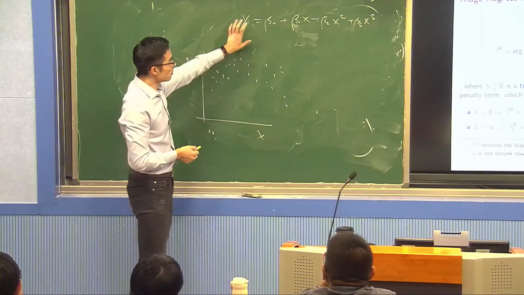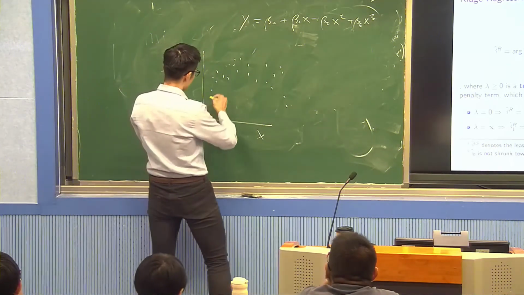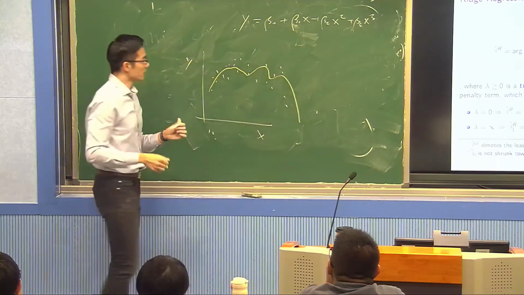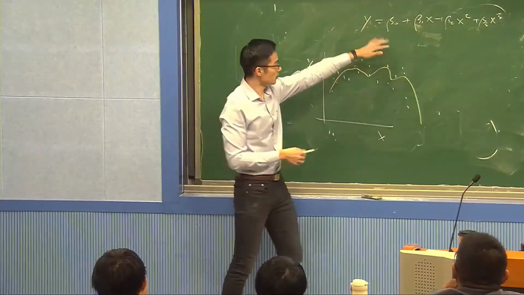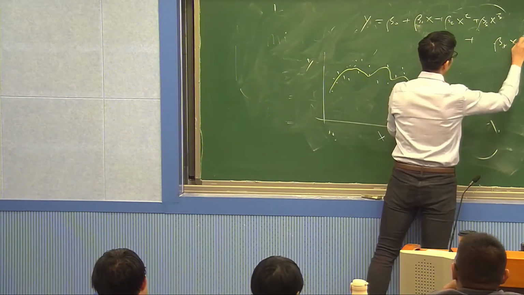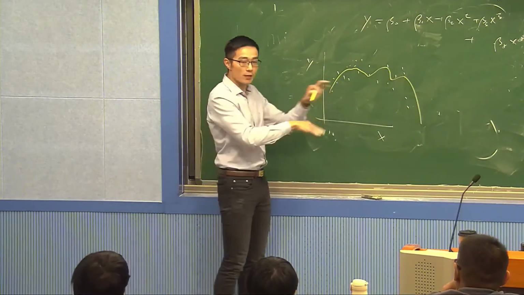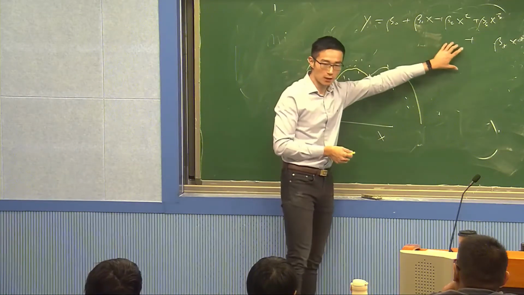Now if we fit this polynomial model, if I include very high terms, all the way to beta 5 x to the fifth, then I get a very wiggly, complicated model. The variance is very large. So what I can do is ridge regression on this kind of model too.